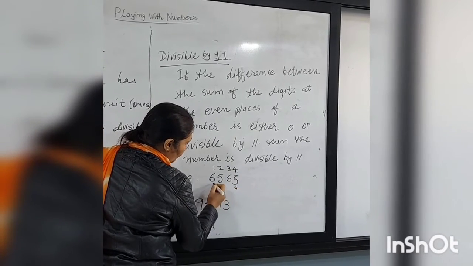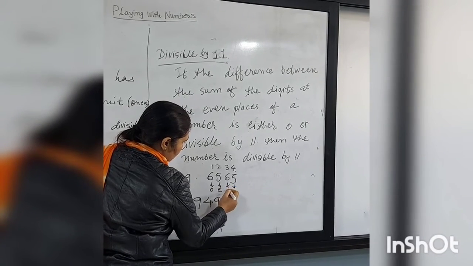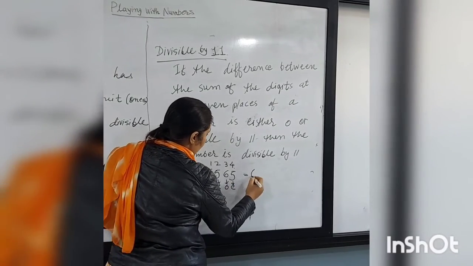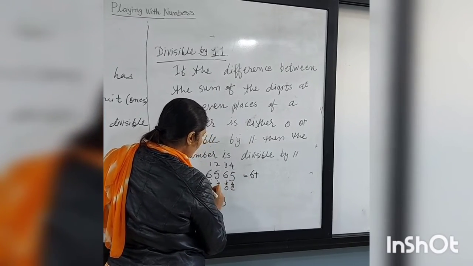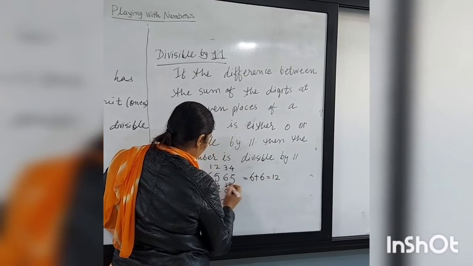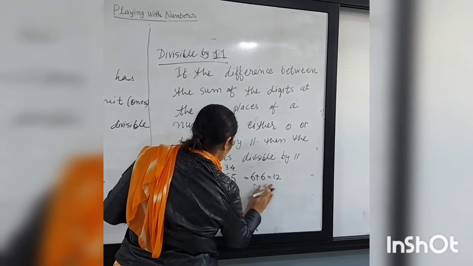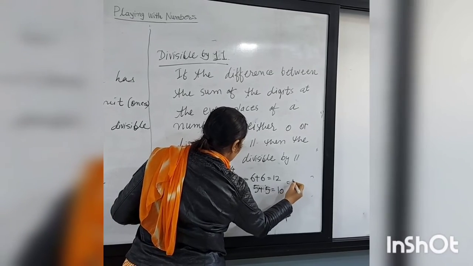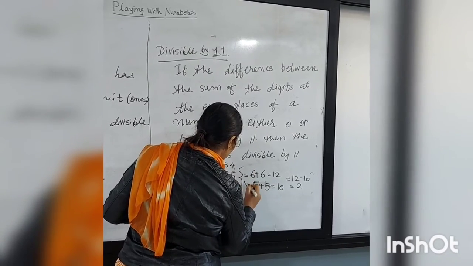So this is odd, this is even, this is odd and this is even. Now 6 plus 1... 6 plus 3 is 12, and 5 plus 5 is equal to 10. So 12 minus 10 is equal to 2. So this number is not divisible by 11.